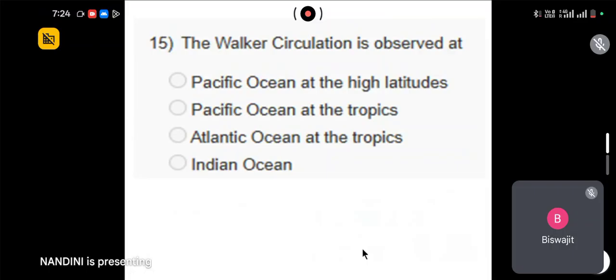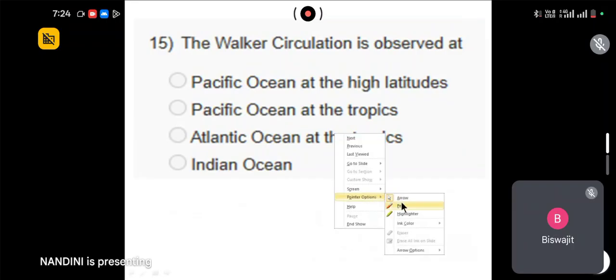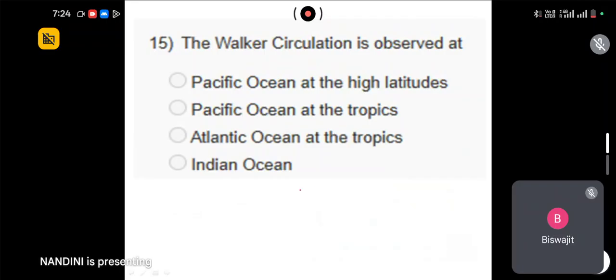The next question is: the Walker circulation is observed at, so we know it is over the Pacific Ocean. Where is it actually seen? Is it at high latitudes, or at the tropics? Is it the Pacific Ocean at the high latitudes or the Pacific Ocean at the tropics?